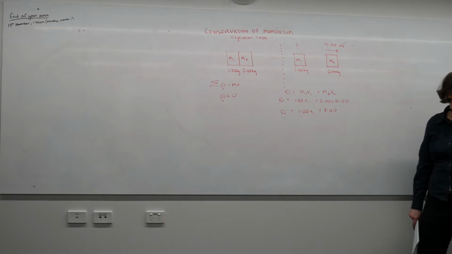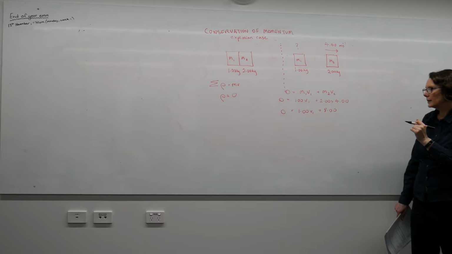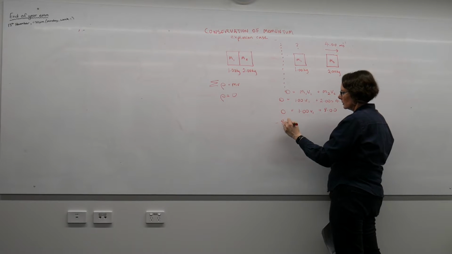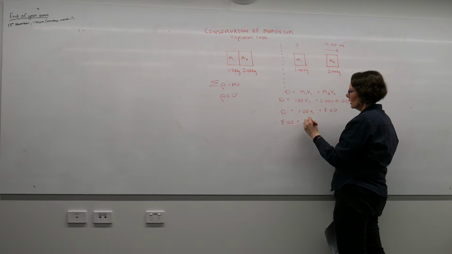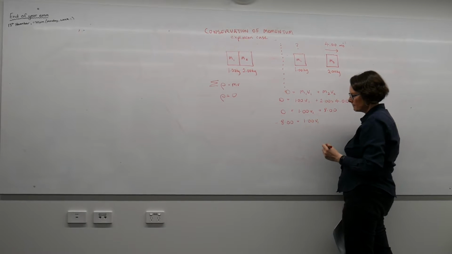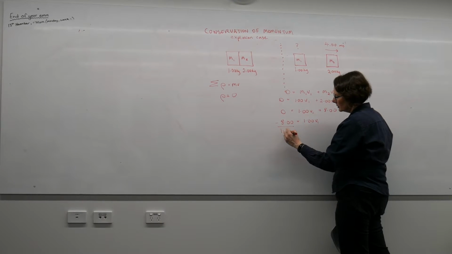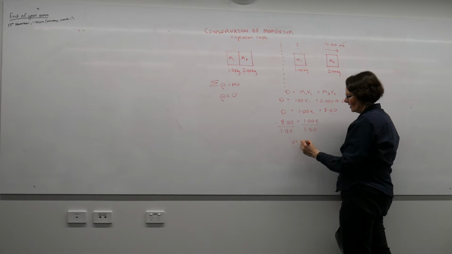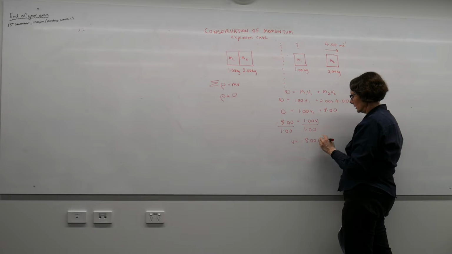Now I'm going to subtract 8 from both sides. So I end up with negative 8 is equal to 1 v1. And if I divide both sides by 1, I get v is equal to negative 8 meters per second.